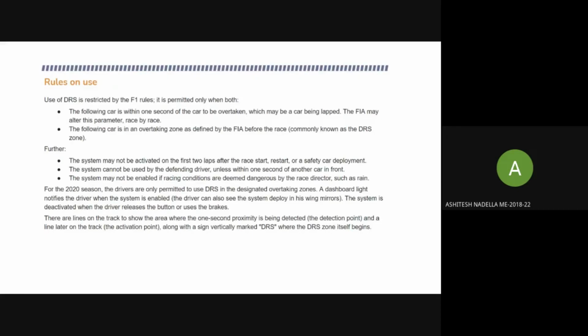Drivers are only permitted to use the DRS in the designated overtaking zones. A dashboard light notifies the driver when the system is enabled so that he can use the DRS. The driver can also see the system deployed in his wing mirror. The system is deactivated when the driver releases the button or uses the brakes.